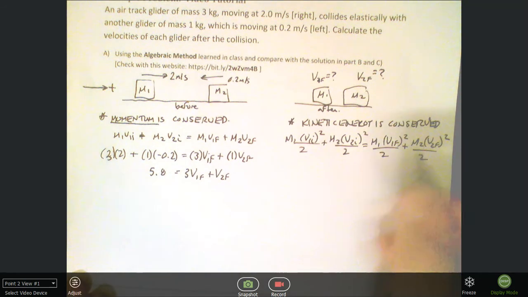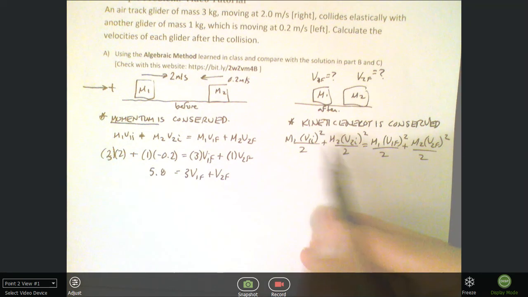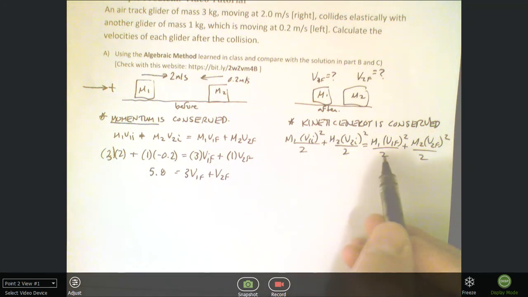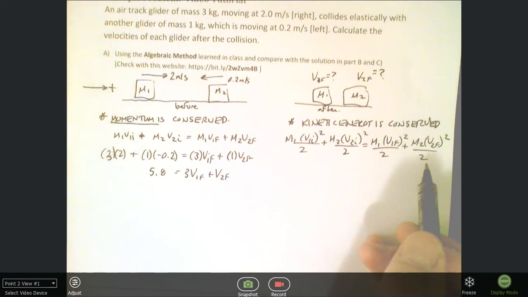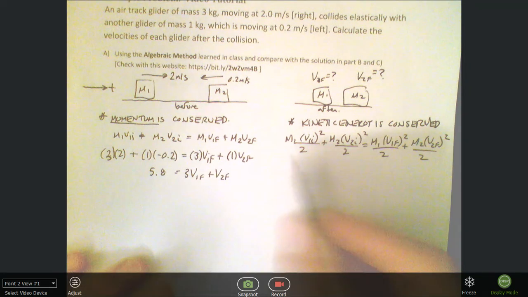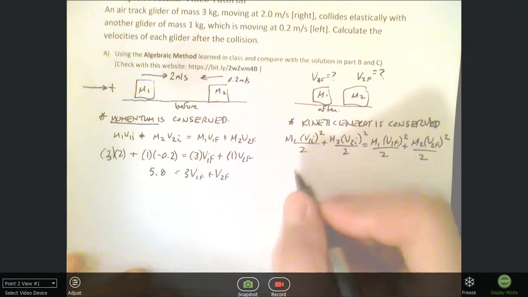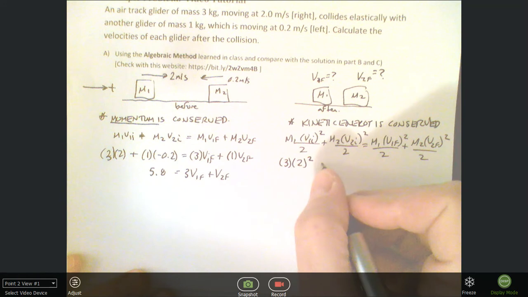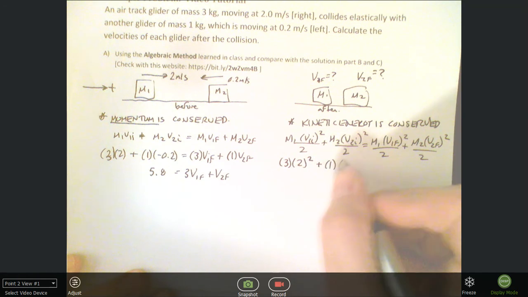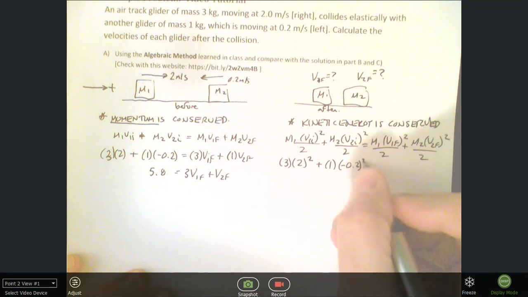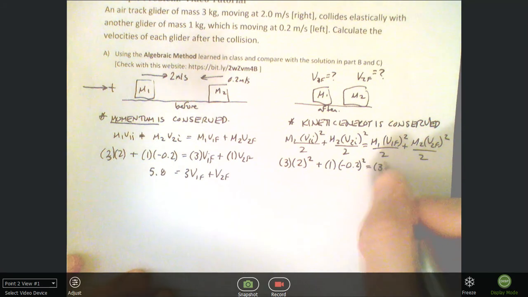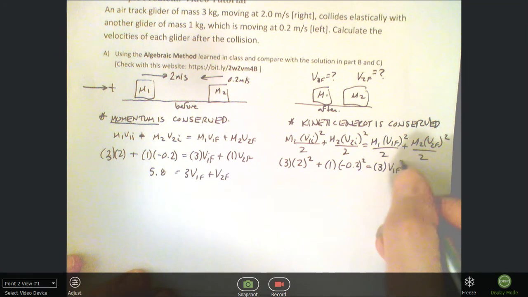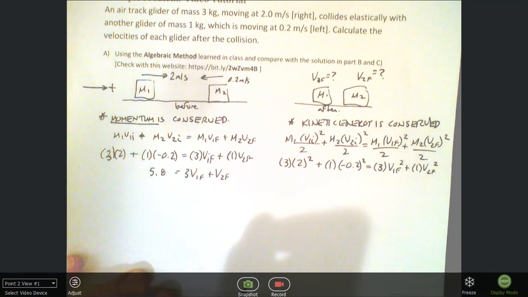This next one, first step, multiply by 2. If you multiply both sides by 2, this 2 divides out, this 2 divides out, this 2 divides out, this 2 divides out, and we get rid of it. It's a really nice, easy way to do that. Then we can just substitute in the rest of the numbers. So we've got 3 times 2 squared plus 1 times negative 0.2 squared equals 3 v1f squared plus 1 v2f squared.